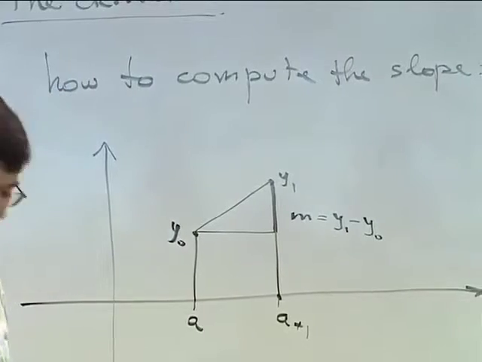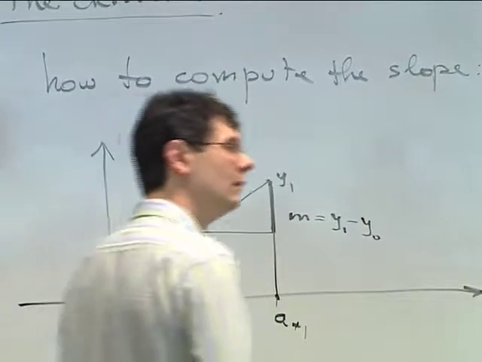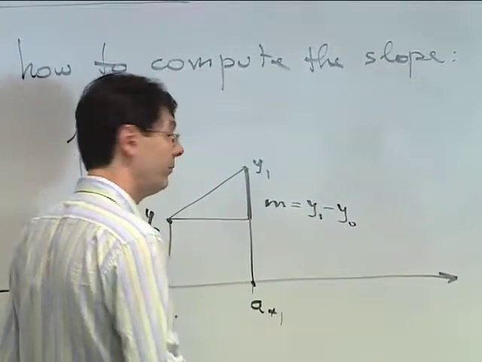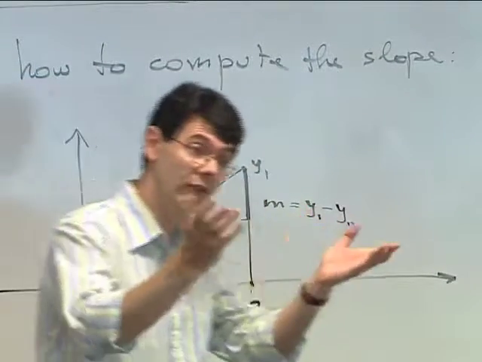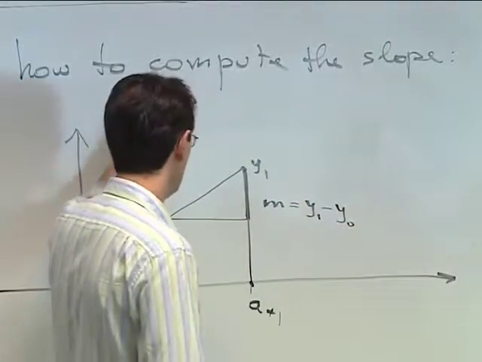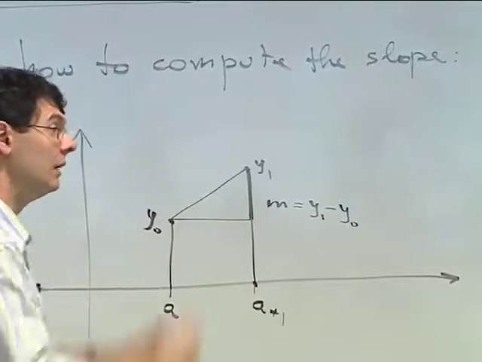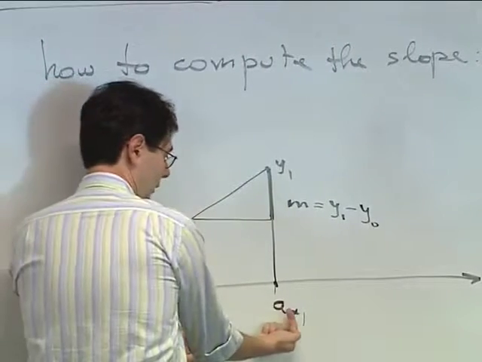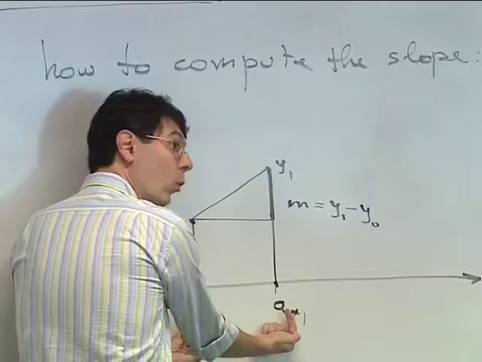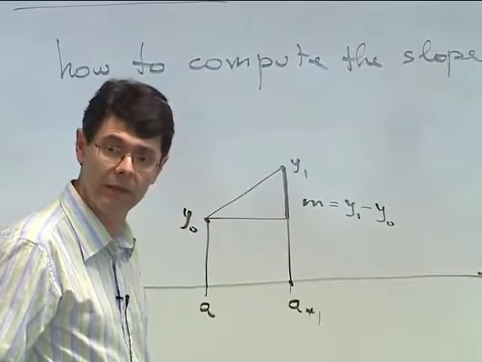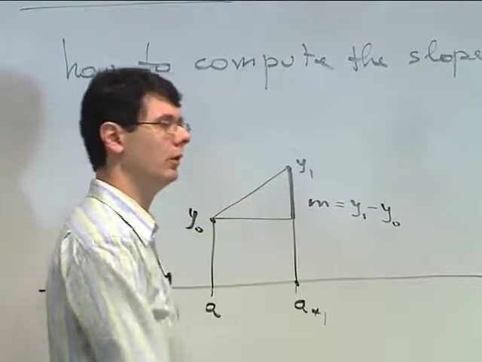So that gives me a way of computing the slope if by some weird reason I do not have the equation, but I know the coordinates of 2 points on the line. Moreover, on the horizontal, they have to be 1 apart. So it's a very, very specific way of computing slope.